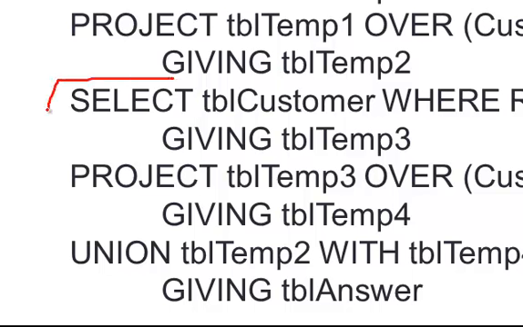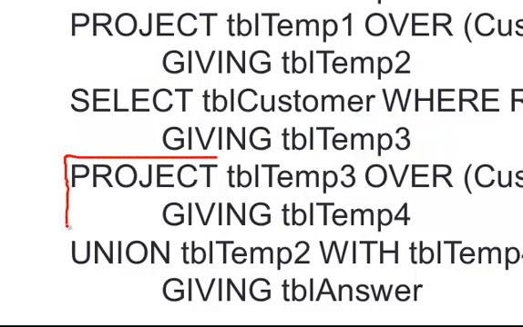The next two lines are the select. So here I'm saying I want you to select out of table customer wherever the representative number equals 65. So a select, remember, is giving me the entire row. So now I'm going back to that original table customer, and if the rep number was 65, there's my criteria, store those rows in temp3.